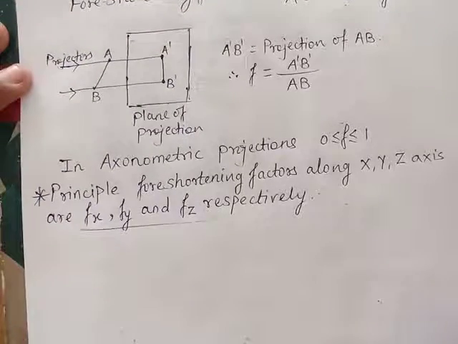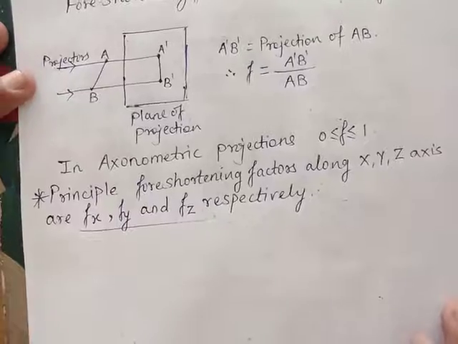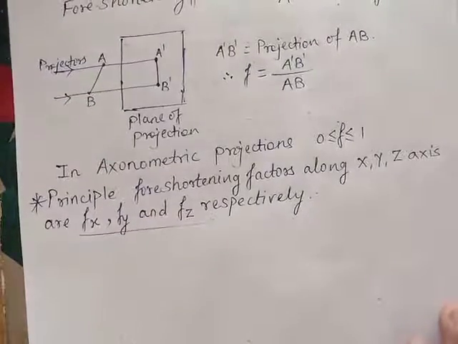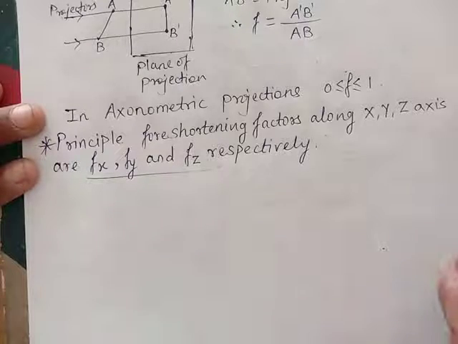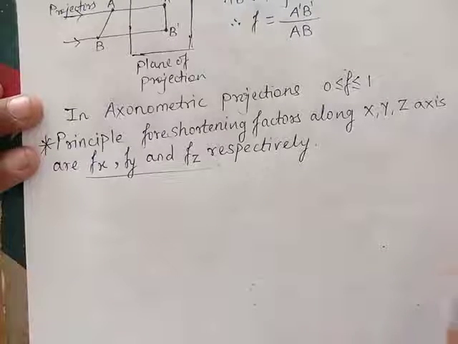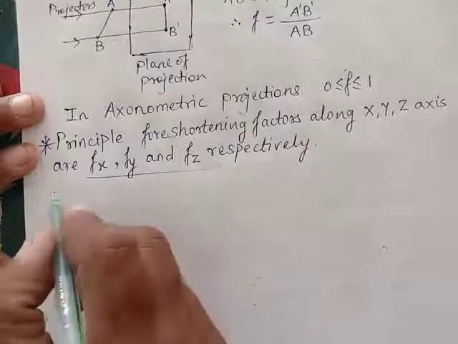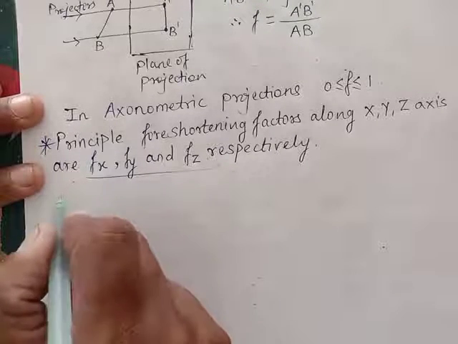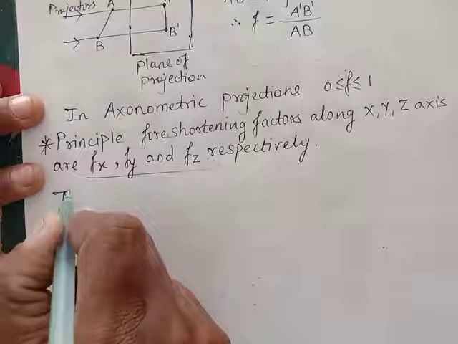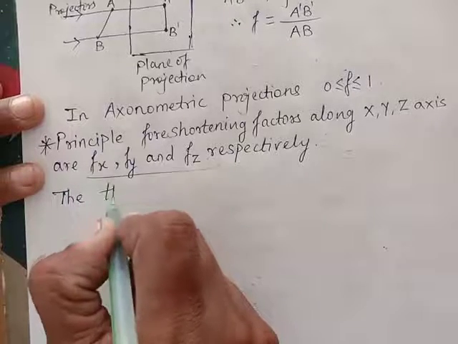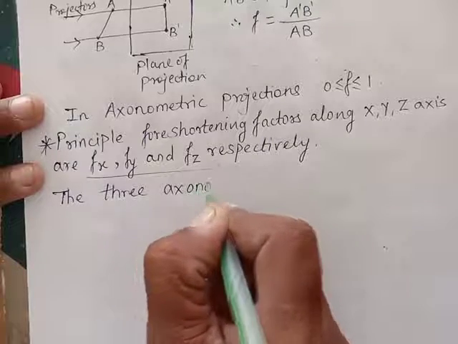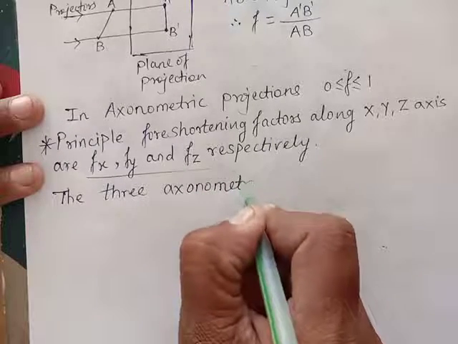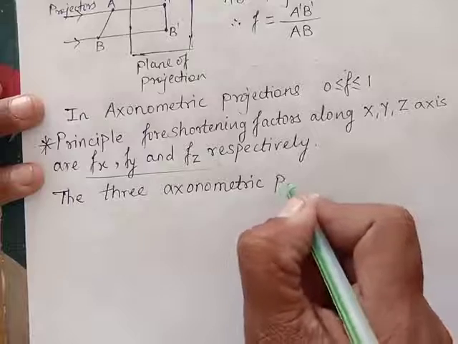Now, according to that, axonometric projection is classified. We know axonometric projection has 3 different types: trimetric, diametric and isometric.